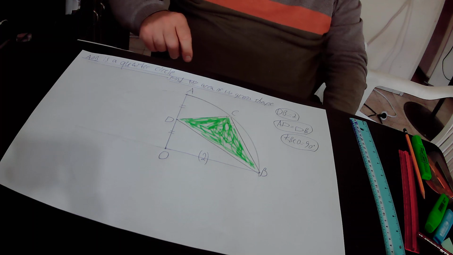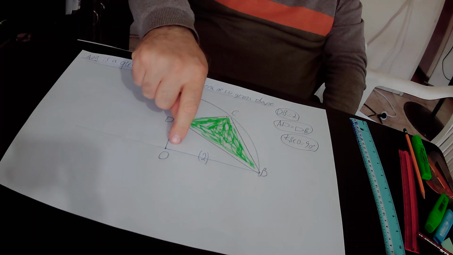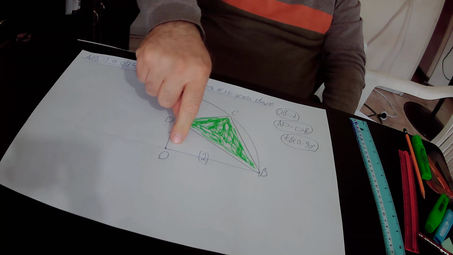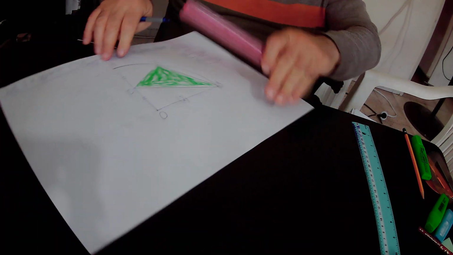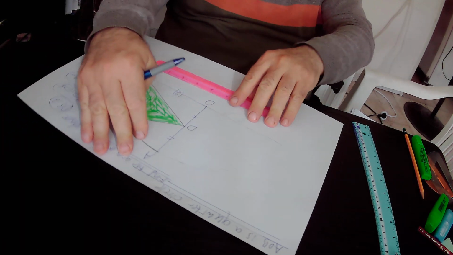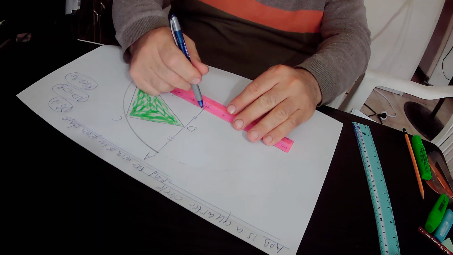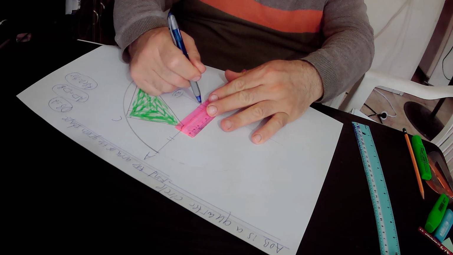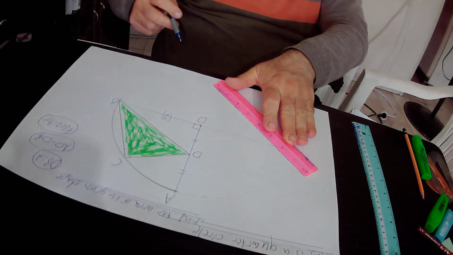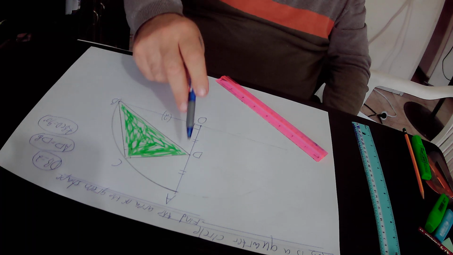Okay, so first of all, we know that AOB is a quarter circle, therefore angle AOB equals 90 degrees in its size. Side OB equals side OA.